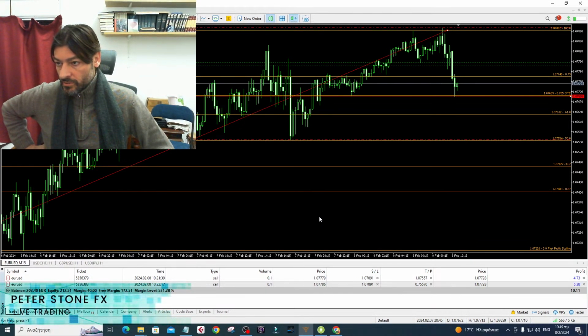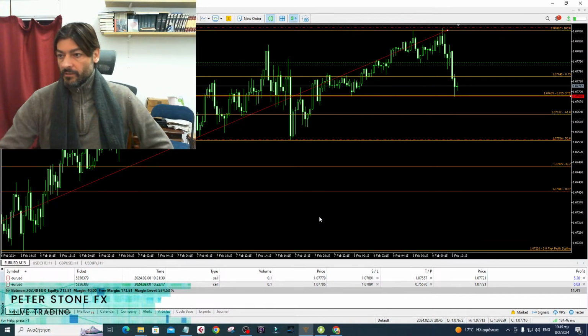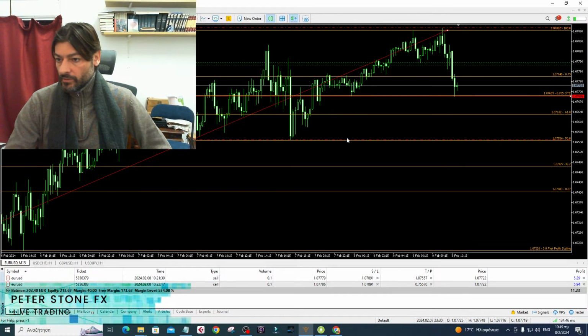Both positions here are in profit. I'm risking 20 euros and going for 1 to 2 to 1.